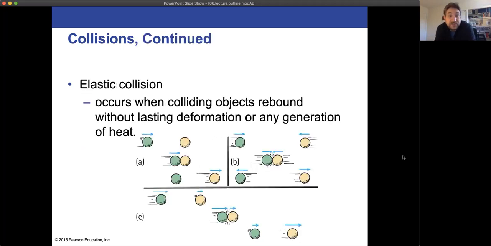There are different kinds of collisions. And here are 3 different cases of what's called an elastic collision, which means there's a rebound. We bounce back. The objects don't crumple or squish or deform in any way.